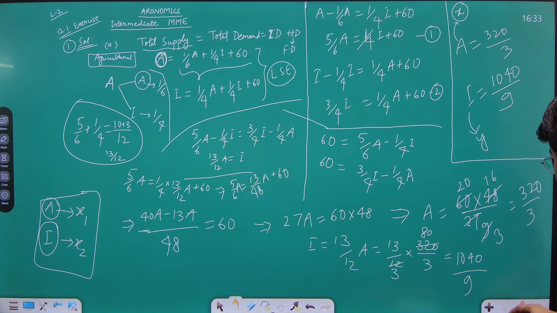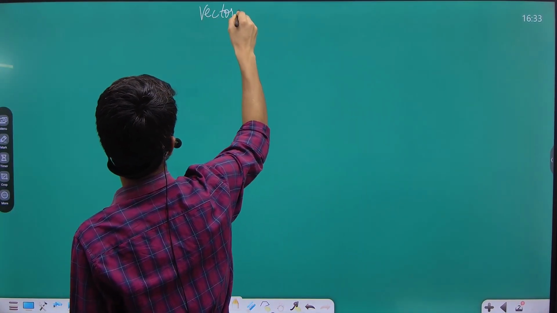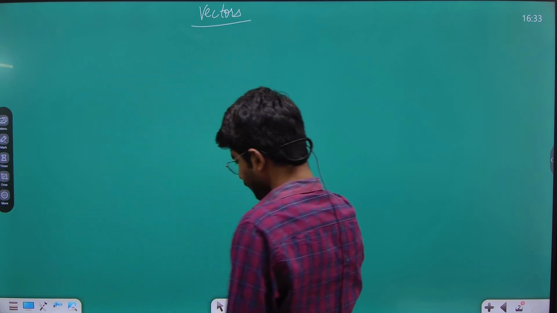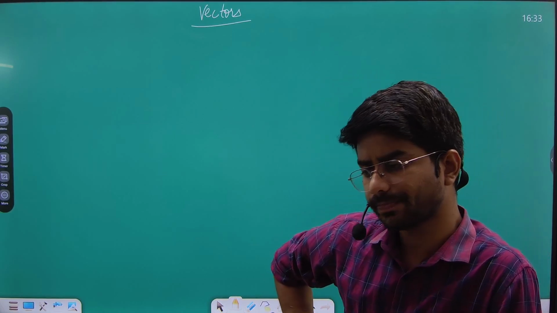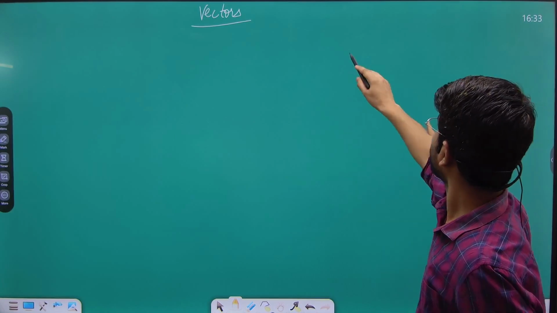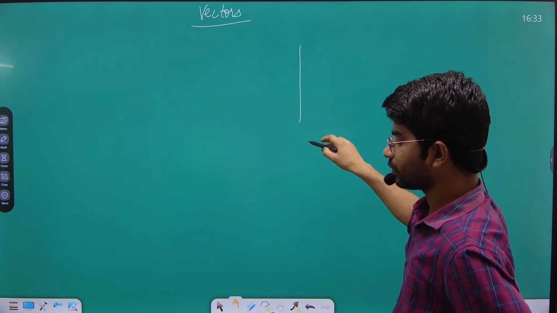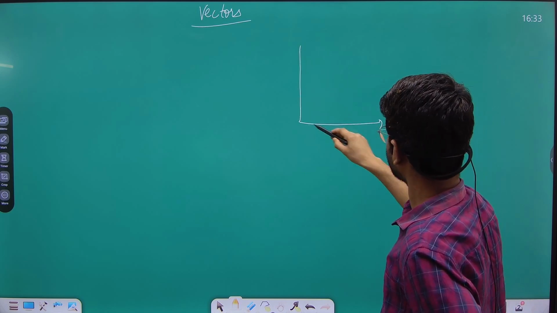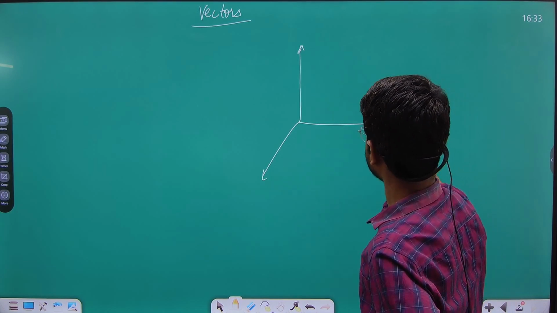Okay, now coming on to our next topic. Next topic is about vectors. In your school you might have also seen what a vector is. When you had the thought of three dimensional space, you had three unit vectors.